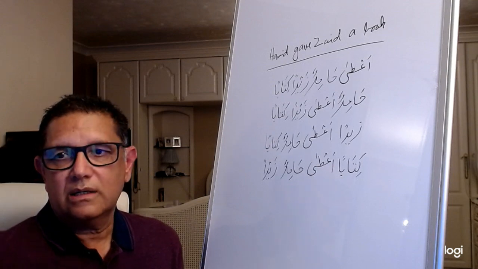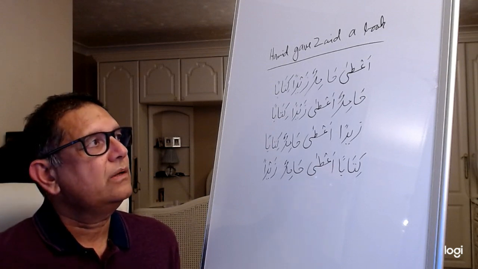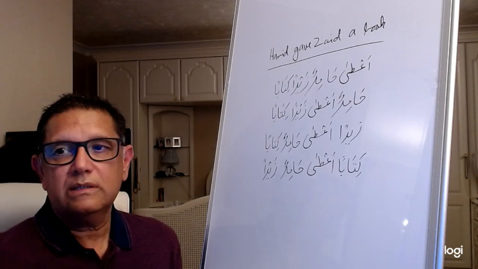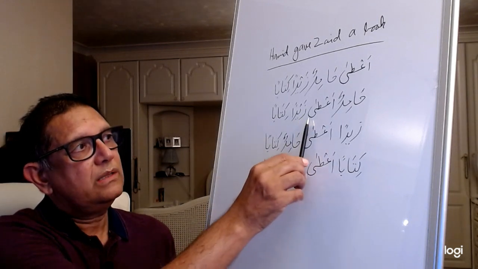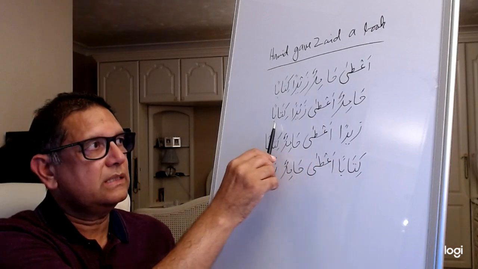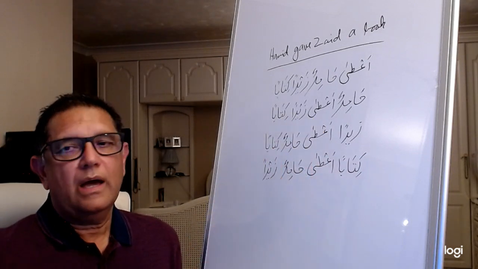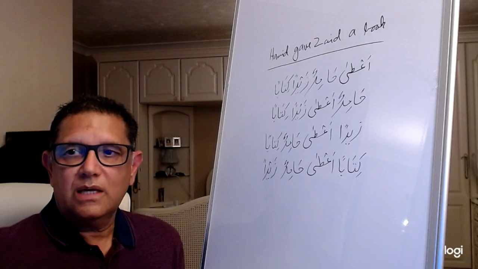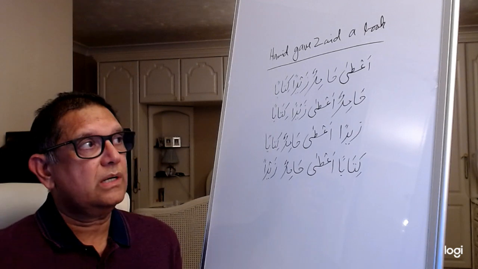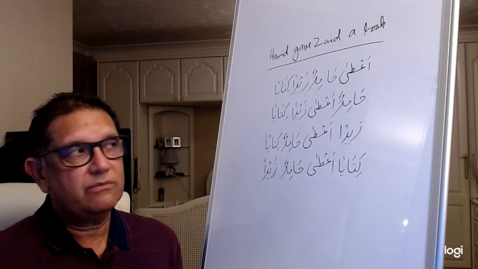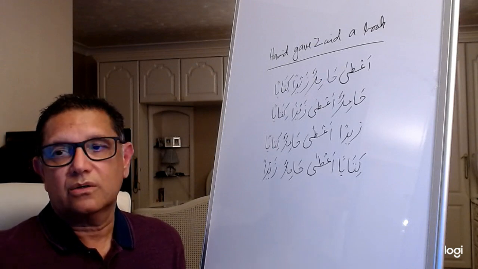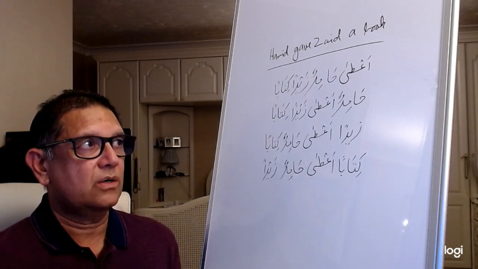On the other hand, if the audience know that somebody has given Zaid a book, but they do not know exactly who the person is who has given Zaid a book, and I'm the person with the information, I will use this construction to clarify that confusion or ambiguity among the audience.